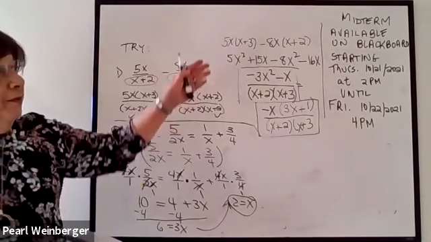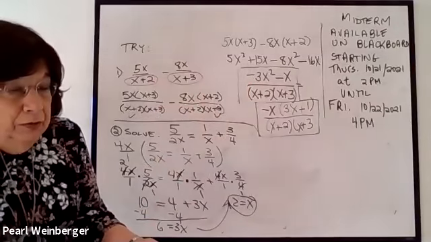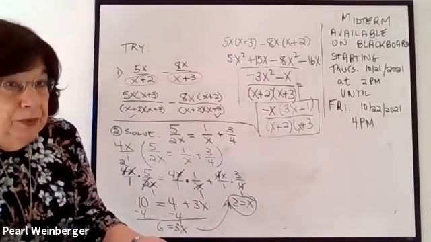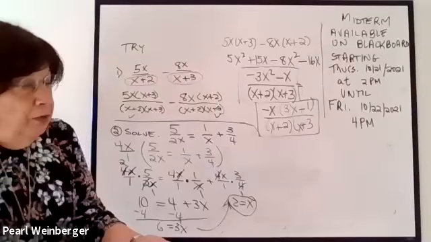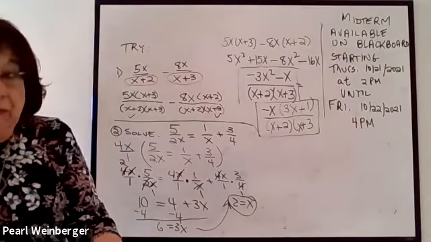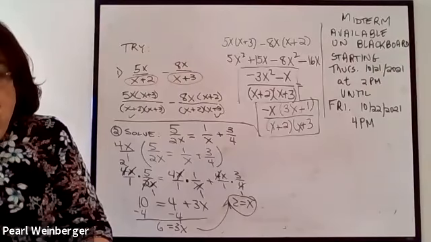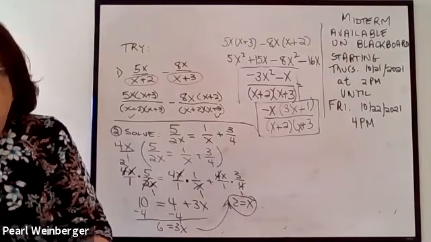Okay, don't forget, I'll say it again a few times, the midterm is going to be available today starting at 2 p.m. and continuing. It'll be available until Friday, that's tomorrow, at 4 p.m. Pick a time in that so that you can be finished on time.